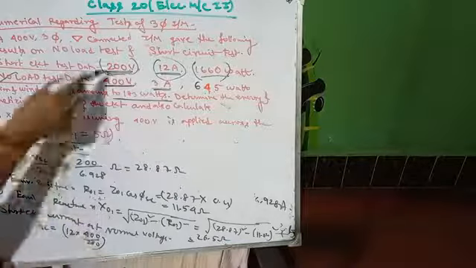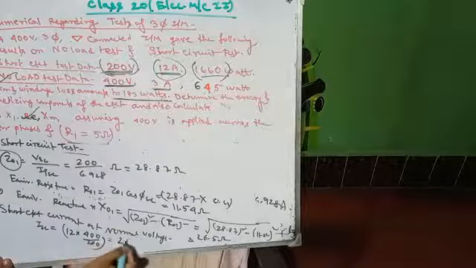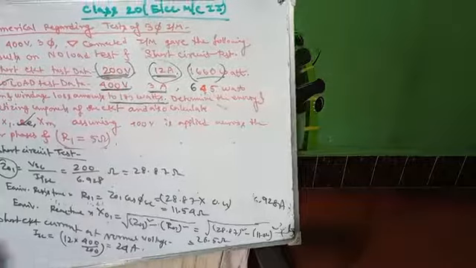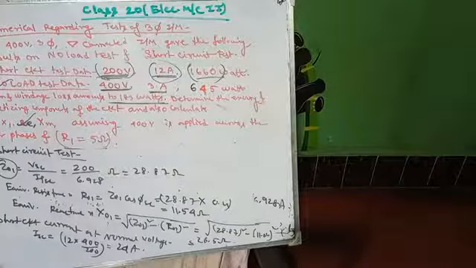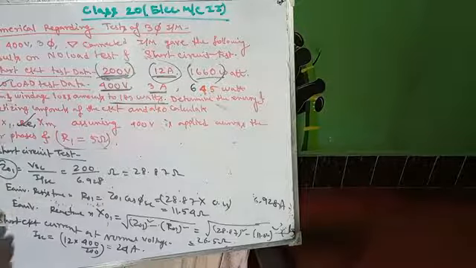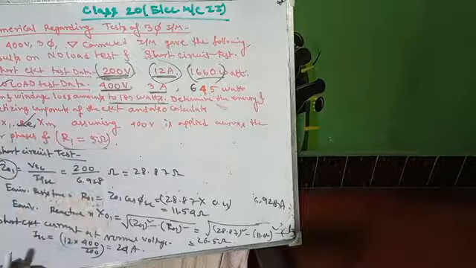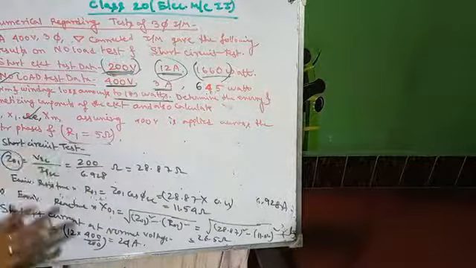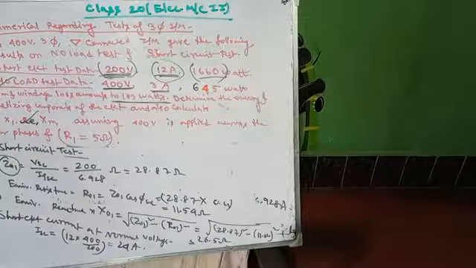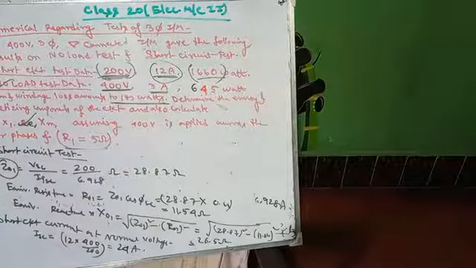Now if we apply 400 volt over here, it will be 24 ampere. Okay, so these 5 answers. Previously it was 7 answers, now it is 5 answers. Whatever the question asked, you have to perform it step by step, maintaining these formulas.